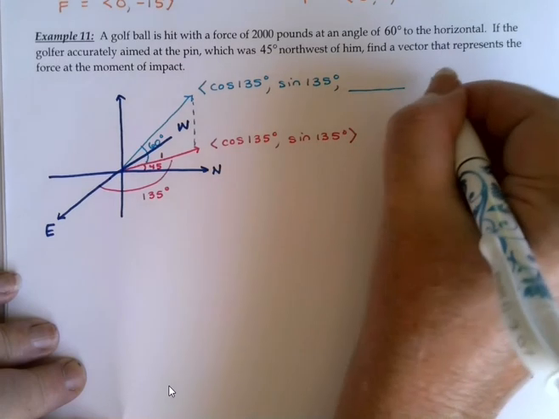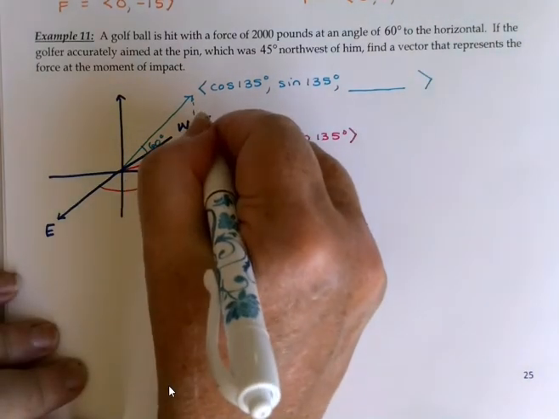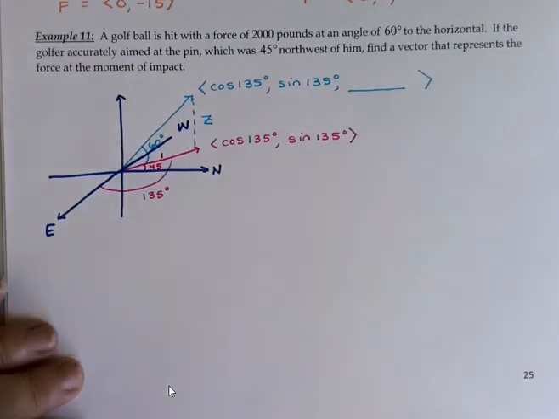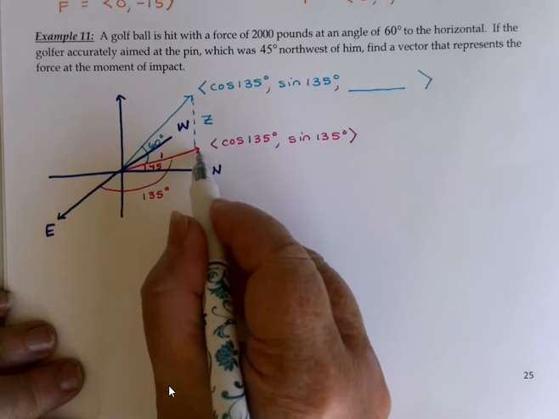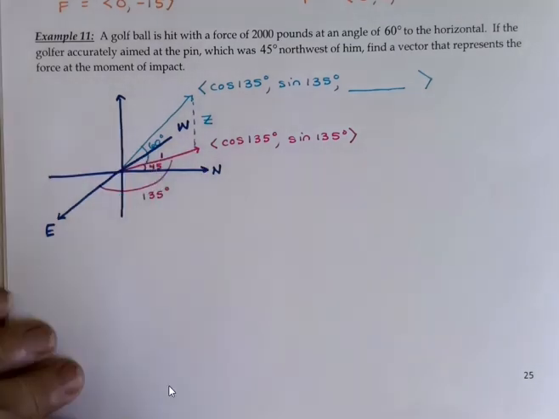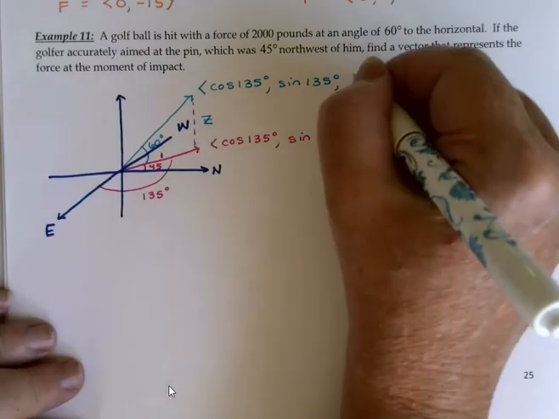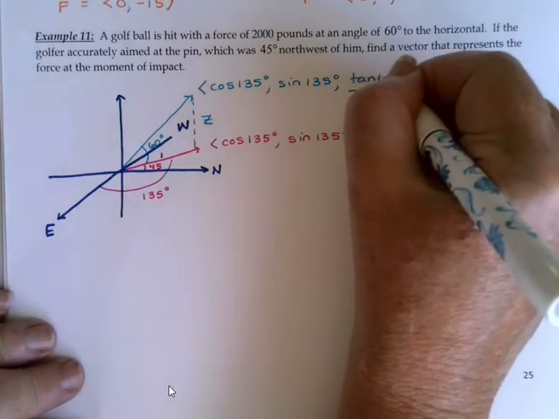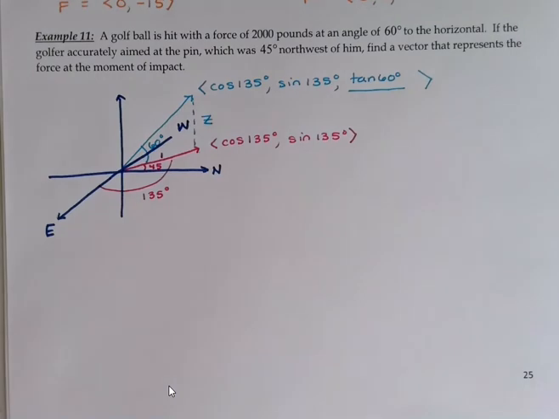But I now need a z value. This z value right here. And since I chose a vector of magnitude 1 in the xy plane, I can see that the tangent of 60 degrees would just be z over 1. In other words, z is the tangent of 60 degrees. So I've now got the direction that I'd like to go.